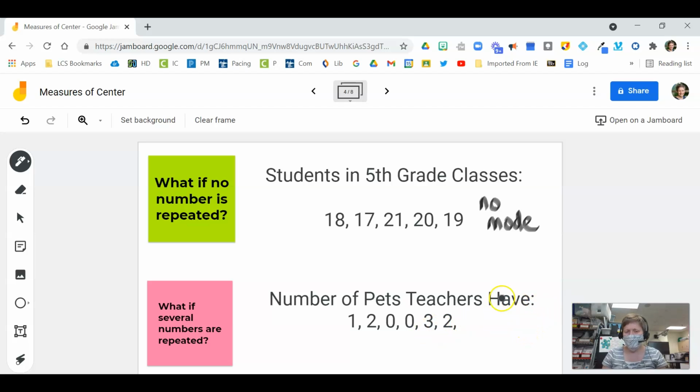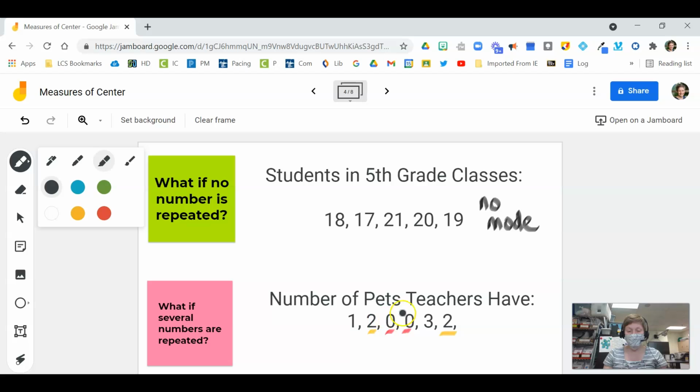I want to think, do I have any repeats? I'm going to underline them to see. I noticed right away I had 2 zeros. And then I also see that I have 2 2s. 3 isn't repeated and 1 isn't repeated. If I have 2 numbers or more that are repeated the same number of times, and those are the biggest amounts, then we can have more than one mode.